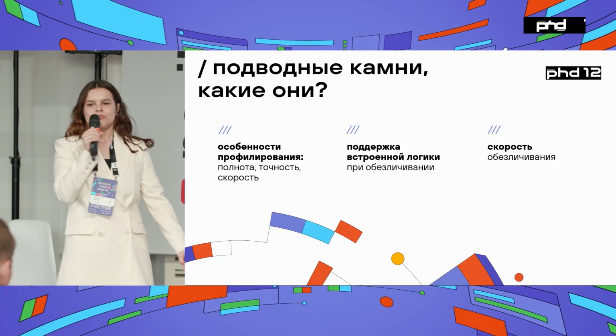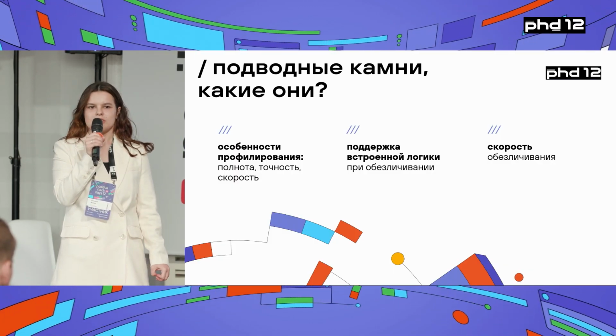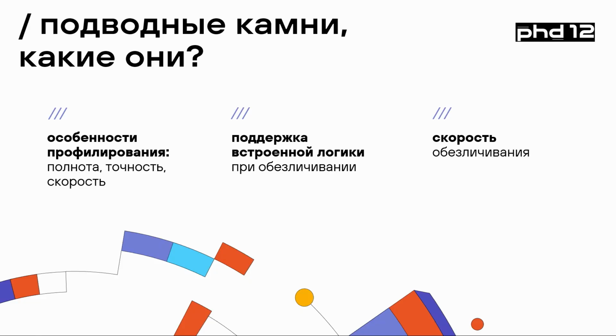So what are the potential problems for this depersonification process and for the profiling process before we start the depersonification process? First of all, it's the peculiarities of the profiling itself. Before we start depersonification, we need to understand what we have to depersonify.